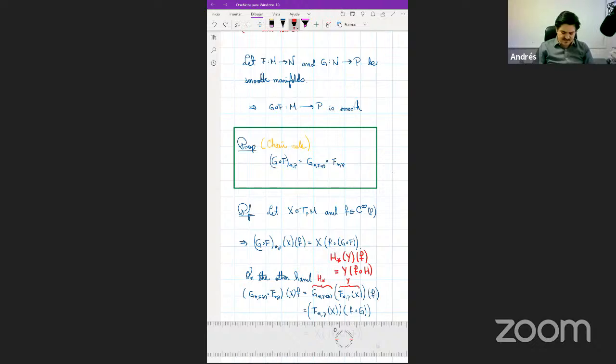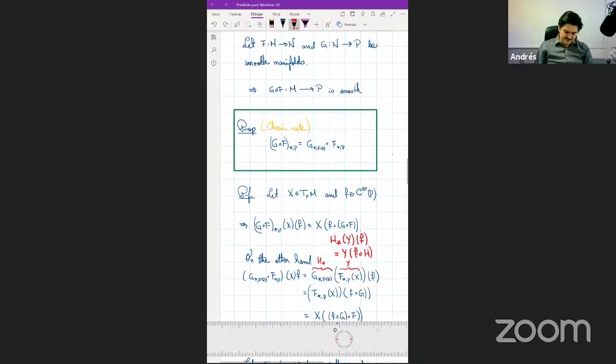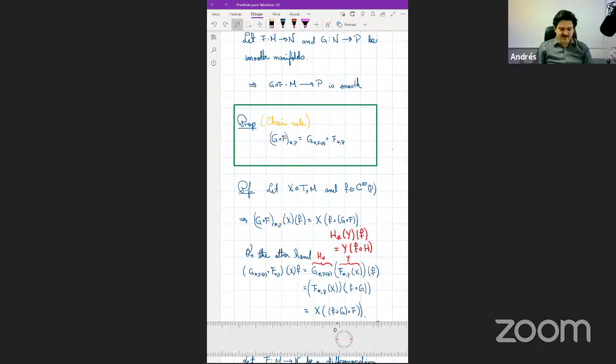Now let's move on. Again, I'm going to apply once again the definition of the push forward, but now on F lower star. So I have this now.